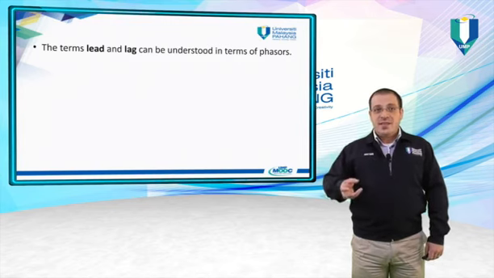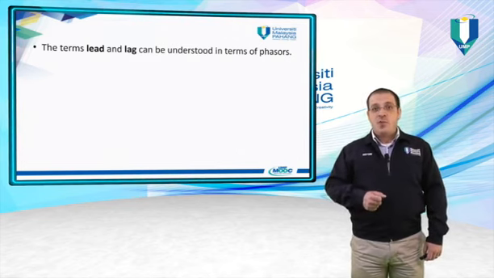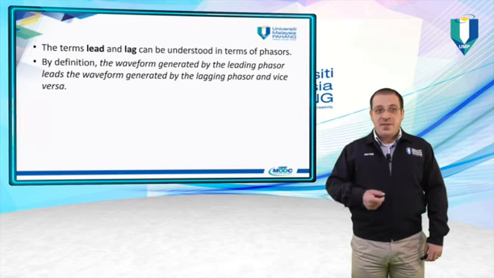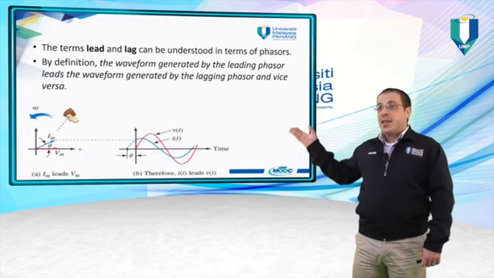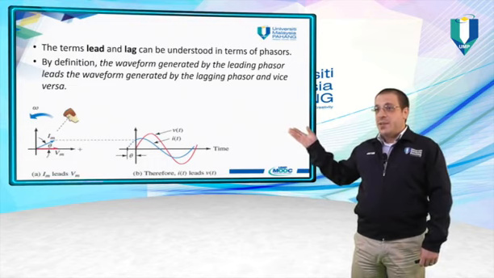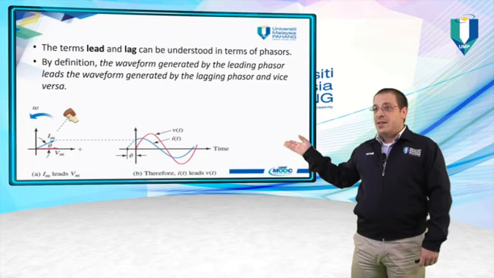The terms lead and lag can be better understood using the phasor. First, let's define what lead and lag are. By definition, the waveform generated by the leading phasor leads the waveform generated by the lagging phasor, and vice versa. Now, let's have a look at this figure. As you can see, Im has angle theta, V has angle 0.